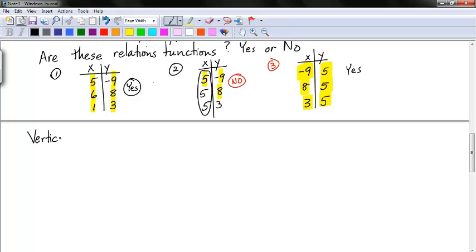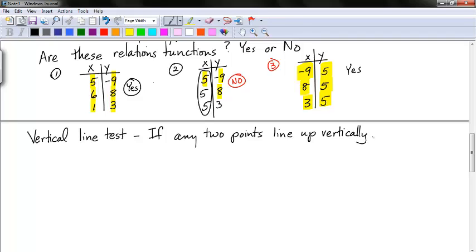If you're looking at the picture of the graph, the vertical line test: if any two points line up vertically, then it is not a function. So you can tell by sight.